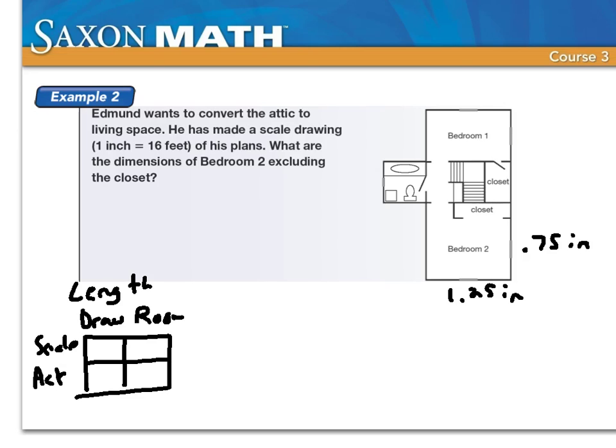Okay, well, the scale, we know that 1 inch in the drawing equals 16 feet in the room. And if the actual drawing for the length is 1.25 inches, we want to know how many feet is the room.